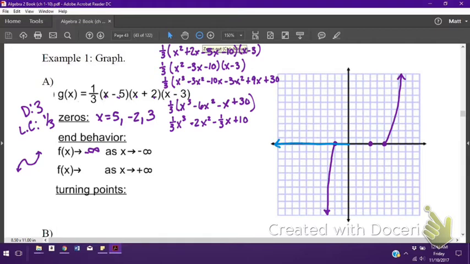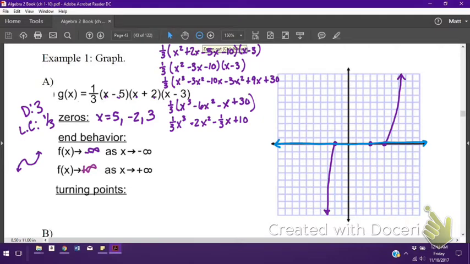And as I go to positive infinity, my graph is actually going up. So that's positive infinity, okay? You need to make sure that you understand what that is, but again, going back to that chart would be very helpful. Now, there's a couple more things before we finish this one.